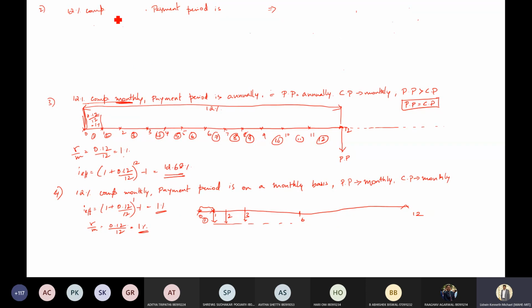So 12% compounded monthly. Your payment period is on a quarterly basis. Now in this case, your compounding period is monthly.